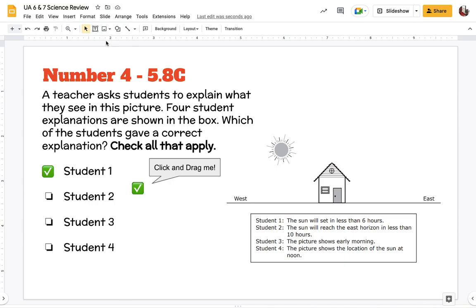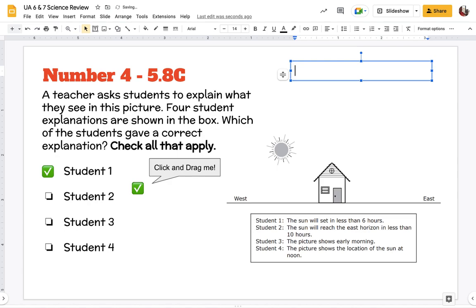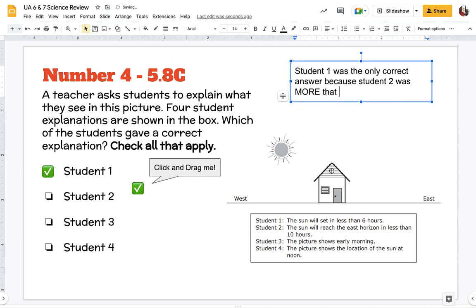Okay, and then for our reasoning, we're going to put here: student 1 was the only correct answer because student 2 was more than 10 hours.